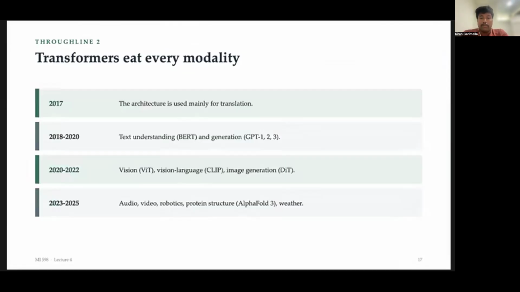Protein structure, weather, time series, all of these are now transformer-based models. So the specialized architecture that experts build is now just this generalized thing. You have a transformer, you throw a lot of data into it. If it's vision, you encode it into patches.